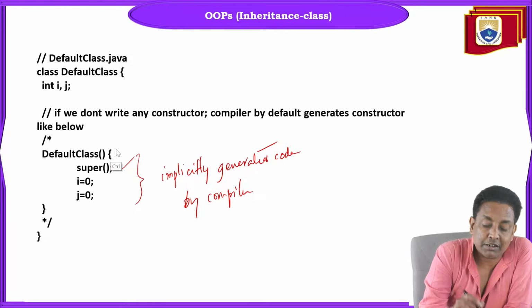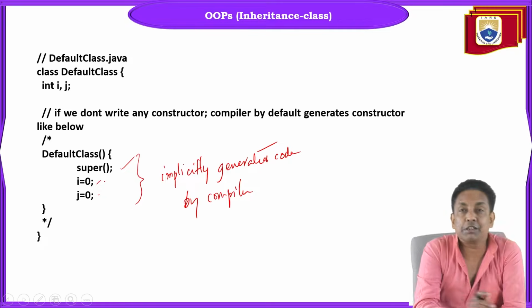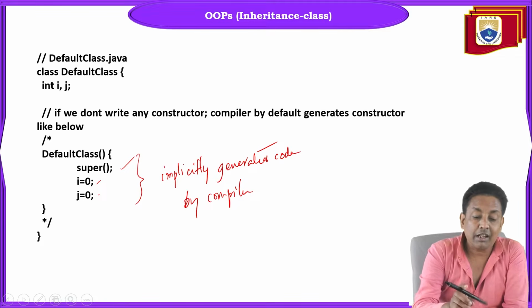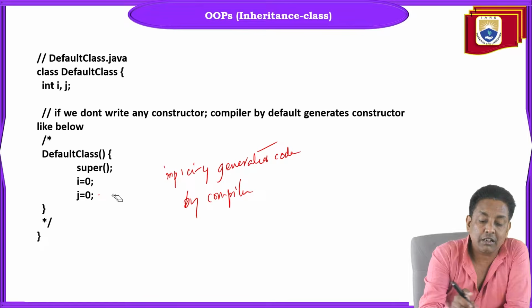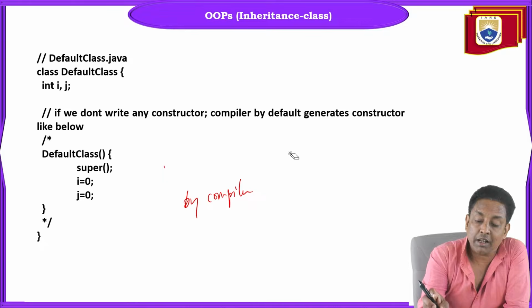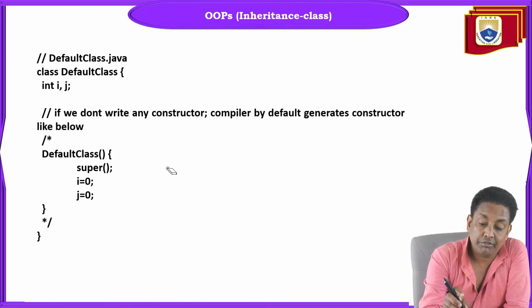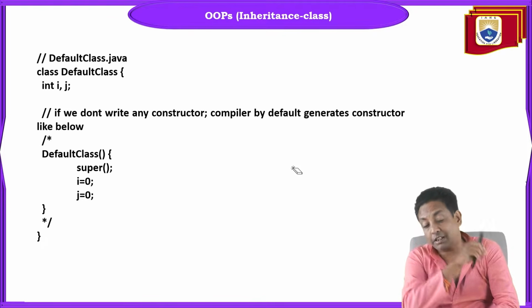From there the superclass constructor will be called. The two class instance variables i and j are initialized with the default values. This is how the default constructor is generated by the compiler during compilation, if you don't write any constructor in your class.